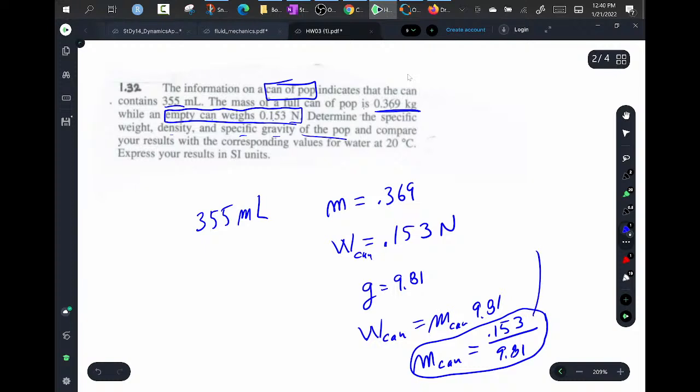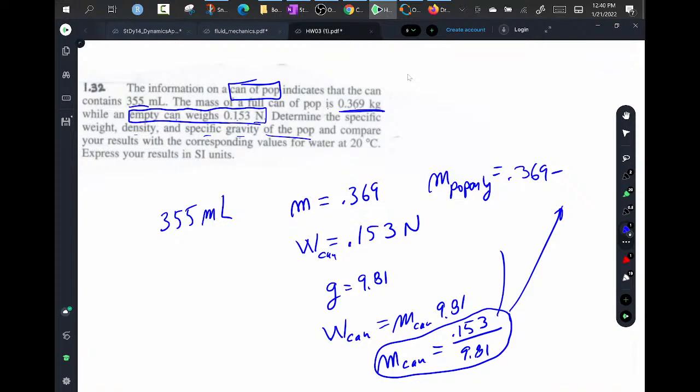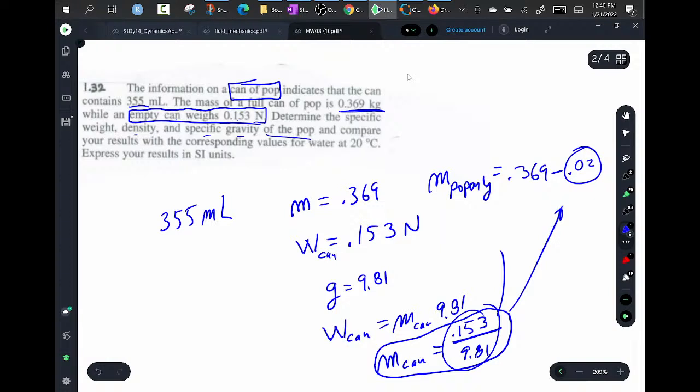So whatever that would be, I would take the mass of the pop only would be the mass of the full can of pop, 0.369, minus the mass of the can, which, I don't know, I'll take that to be 0.02, that's not right, but I'll just say that.